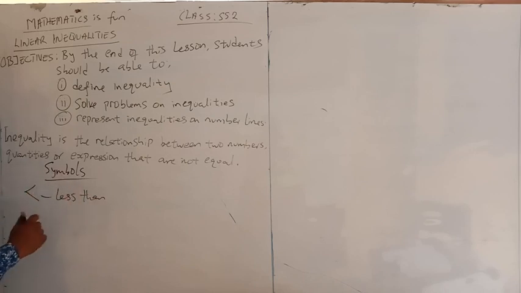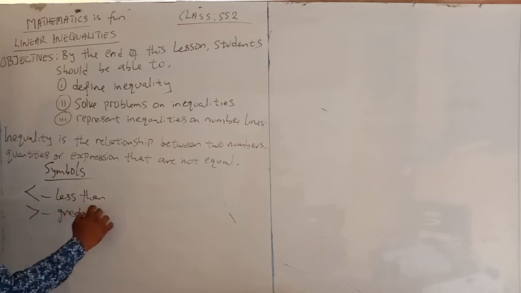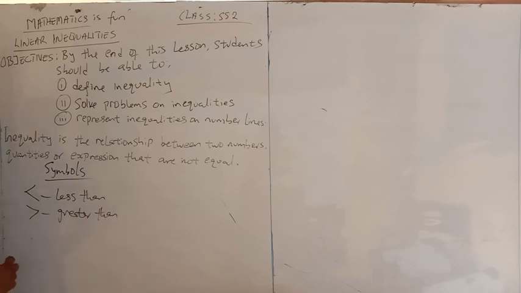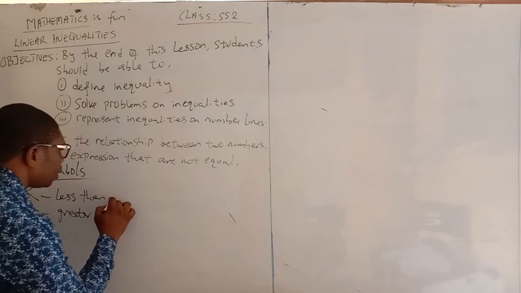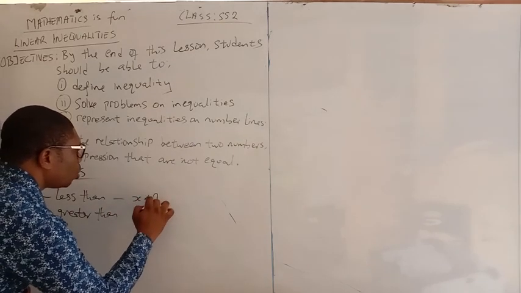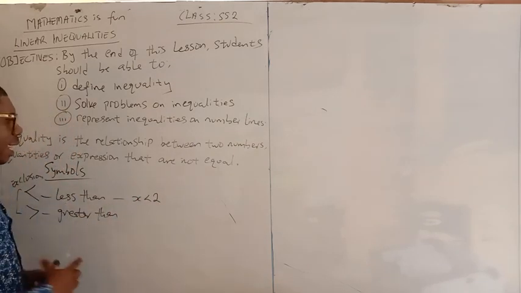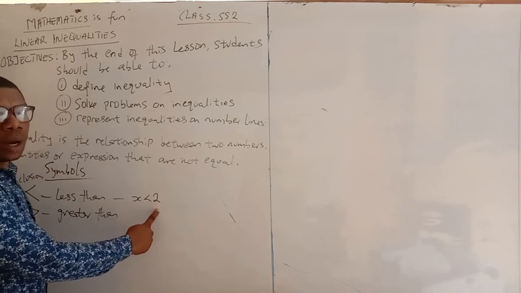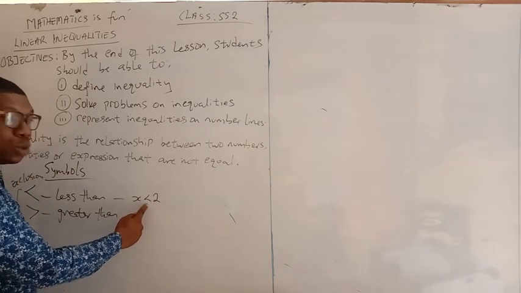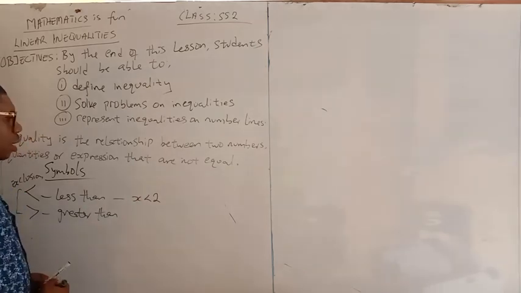Then we have greater than. These two I tag exclusion. In what sense? If we are given x less than 2, what we are saying is that excluding 2, all numbers below 2, that is what this inequality represents.